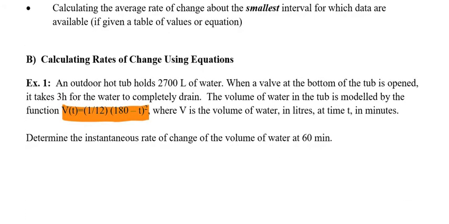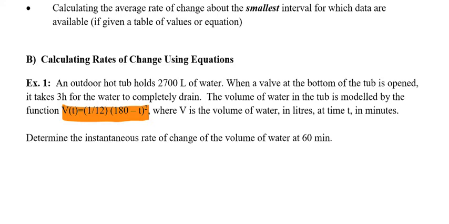So to start trying to figure out how to get a more accurate instantaneous rate of change, let's start with a problem. Example 1, an outdoor hot tub holds 2,700 liters of water. When a valve at the bottom of the tub is opened, it takes 3 hours for the water to completely drain.